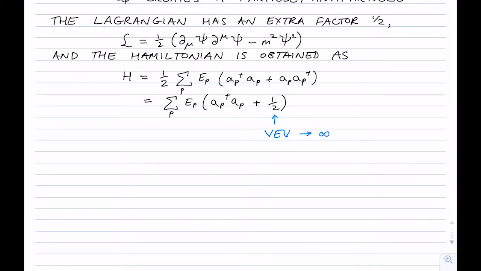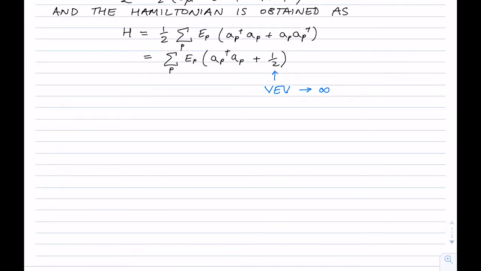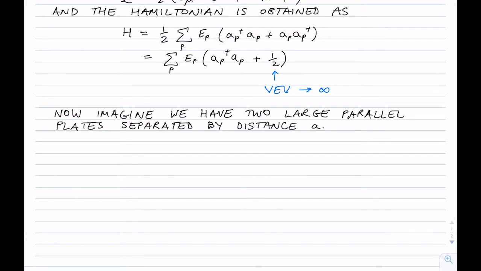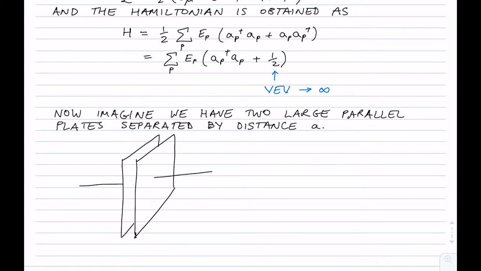Okay, now imagine I've got two very large parallel plates separated by a distance a. And in the original paper, the idea was that you've got some very large conducting plates, and that forces the photon field between the plates to go to zero. Sorry, not to go to zero. Not the field between the plates, but it forces the photons to have boundary conditions such that the field is zero at the plate boundaries.